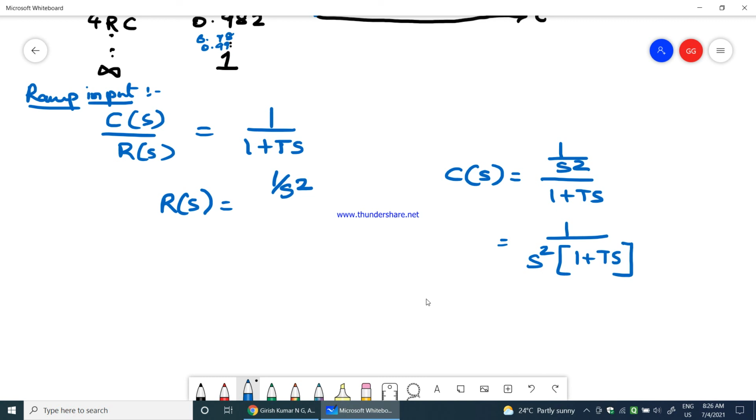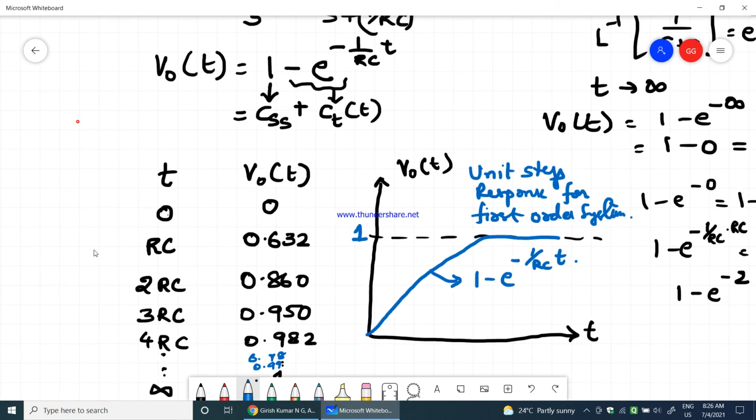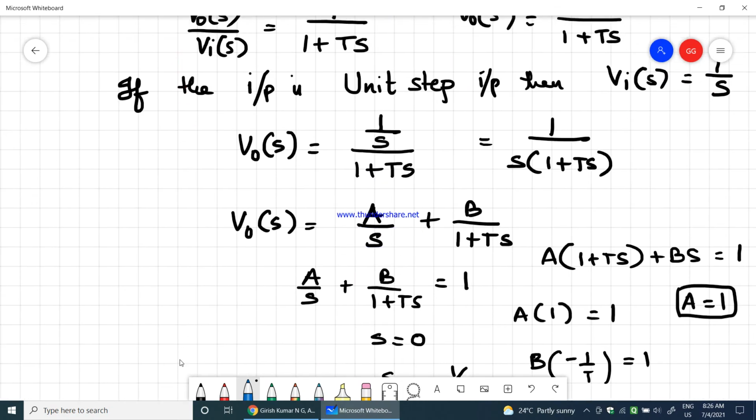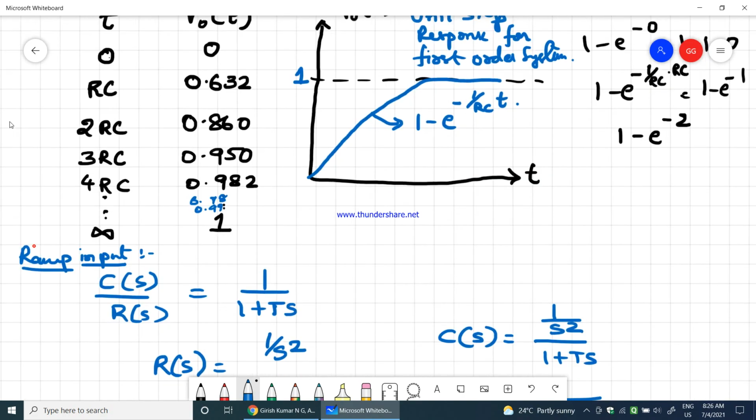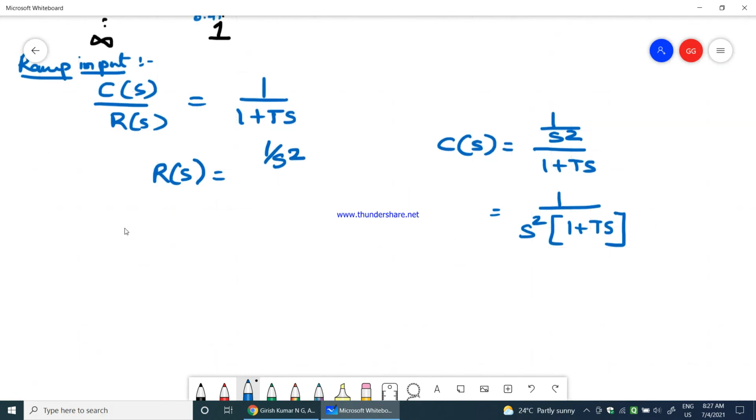So that is the V out of s we took. C of s is V out of s actually. So we will keep it the same way, it is V out of s. Anyway, C of s is something related to the output response.